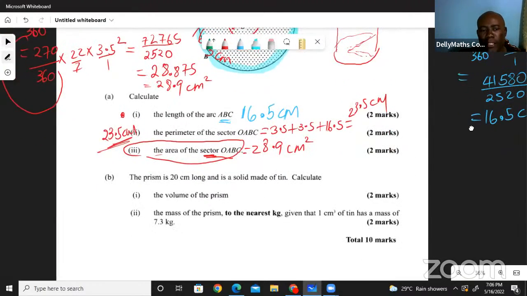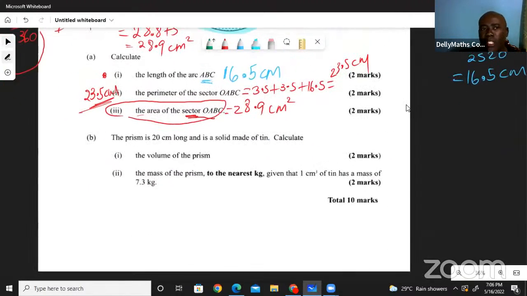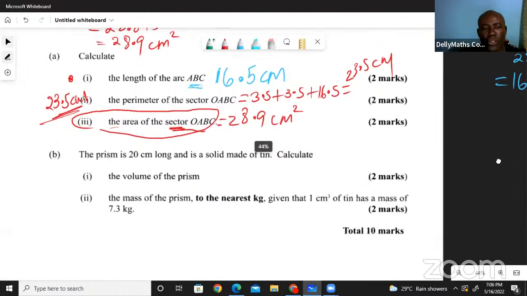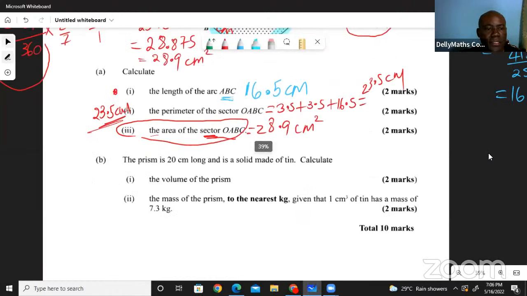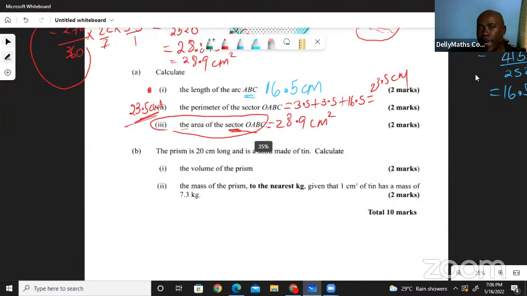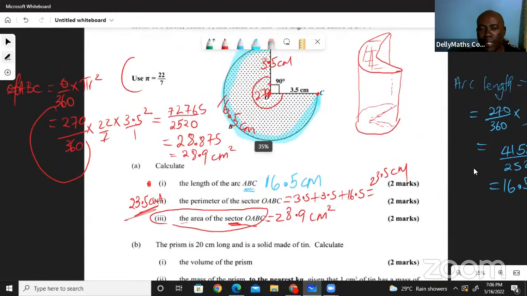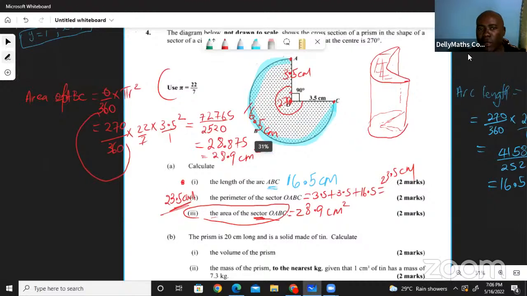All right, let's continue with the questioning. So this one now, it says the prism is 20 centimeters long. That's why I put out that so-called ugly diagram early.